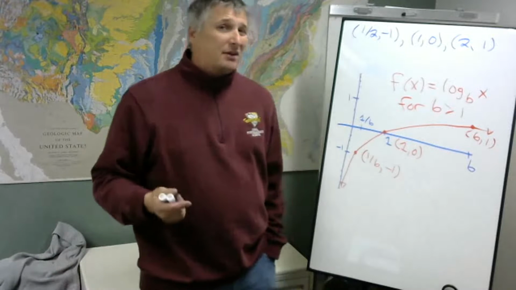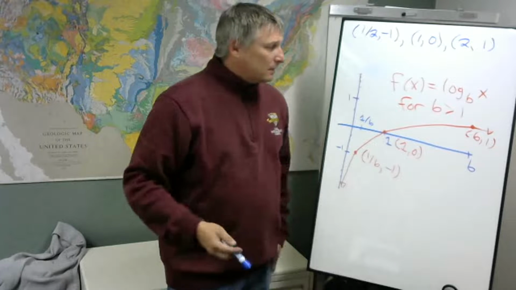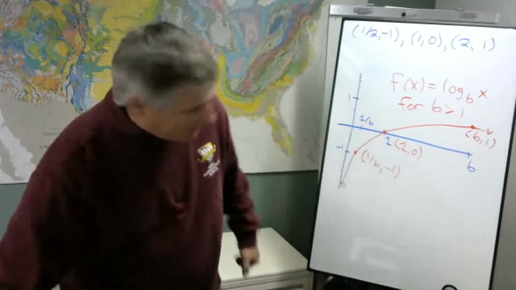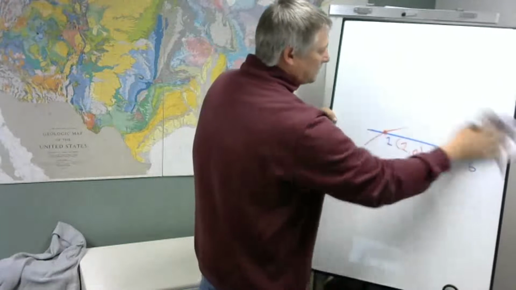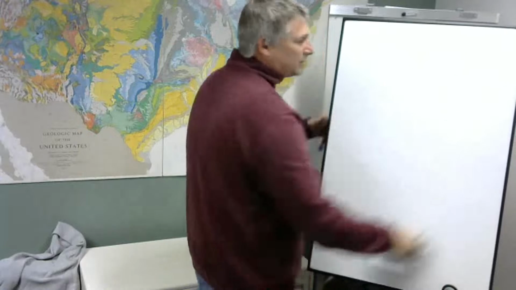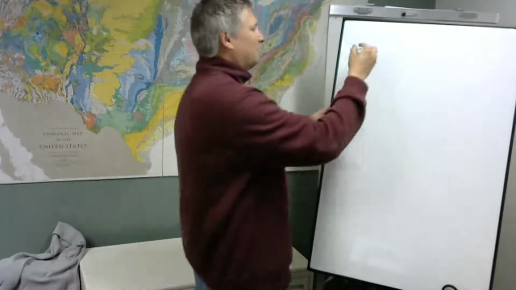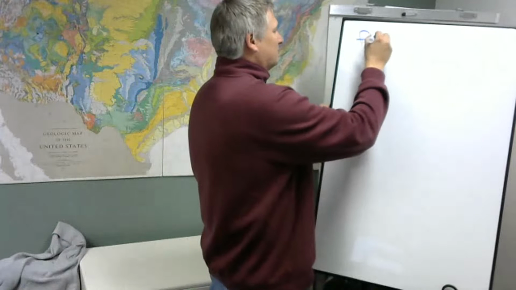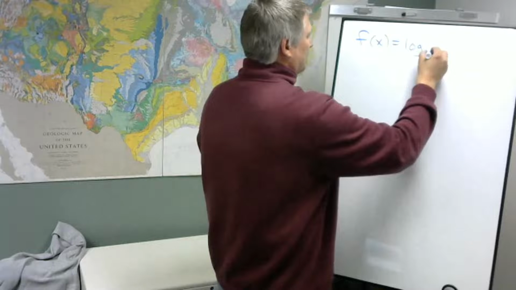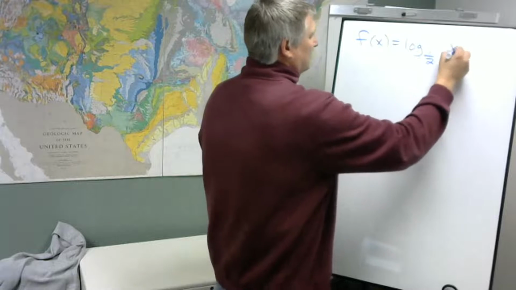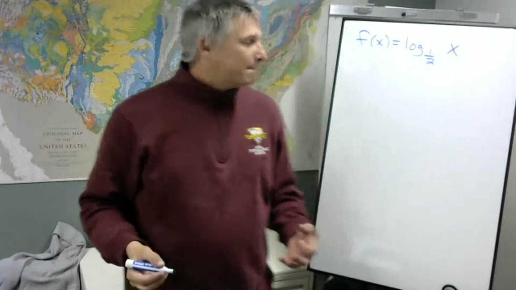But we also had a second case, and that was when b is between 0 and 1. So let's take a look at that. And again, just like with the exponential function, we're going to use a base of 1/2. And we're going to use the same approach as before.